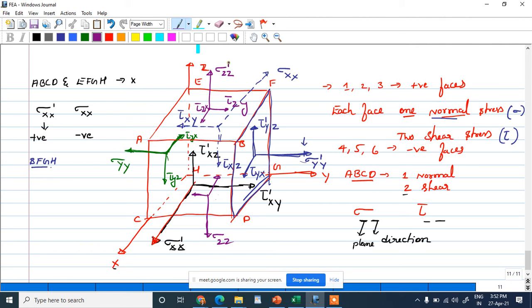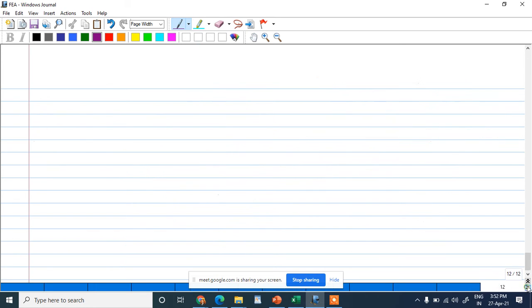Let me represent the prime, okay, sigma zz, z plane, and in z direction opposite, and this is tau z plane and the direction is y, zy, and this is tau zx. See, we have represented all faces with all stresses, and we have a formula that you should remember.